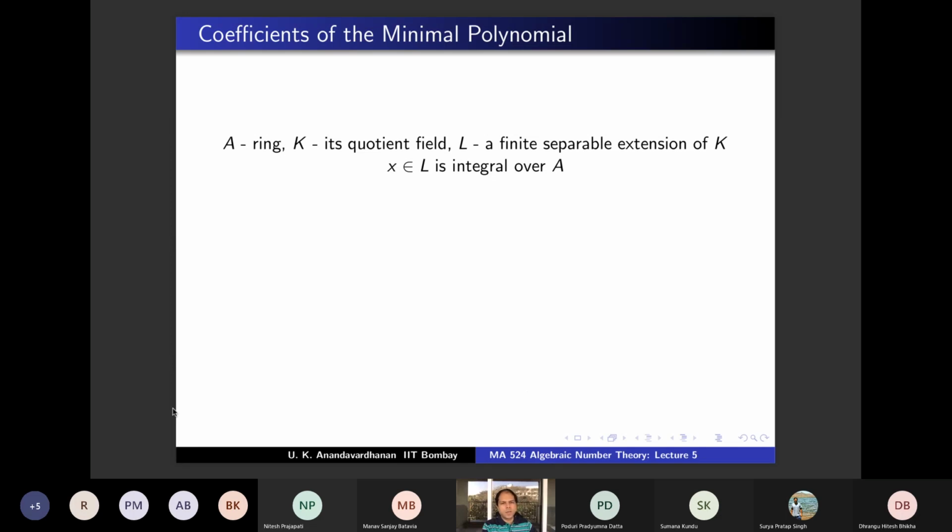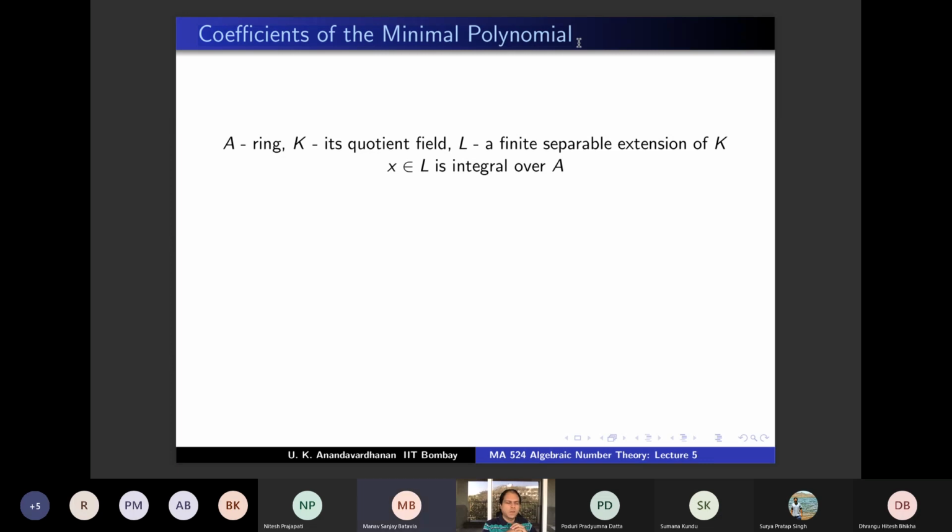So x is integral over A. x has a minimal polynomial, right? The smallest irreducible polynomial satisfied by x. And what should be my result given the title? Guess the result. Just take a guess. I mean, you can be wrong. After all, I'm not asking a precise mathematical question.